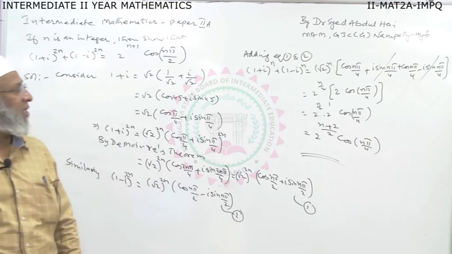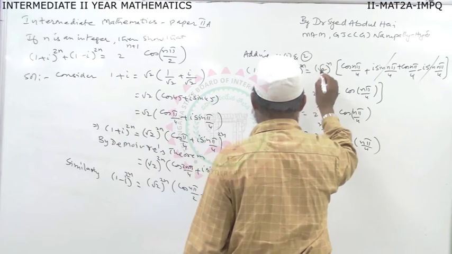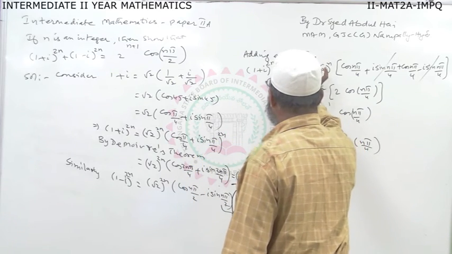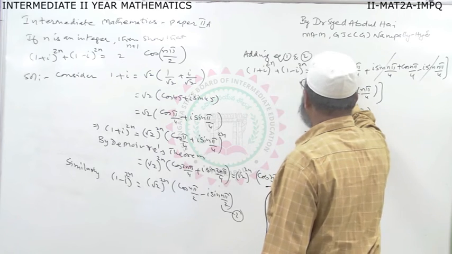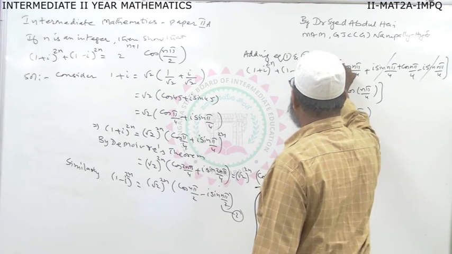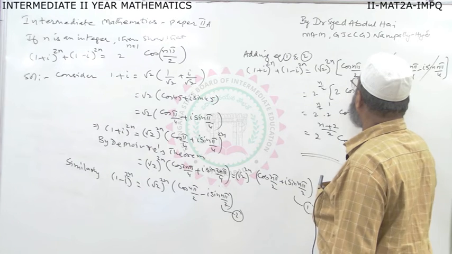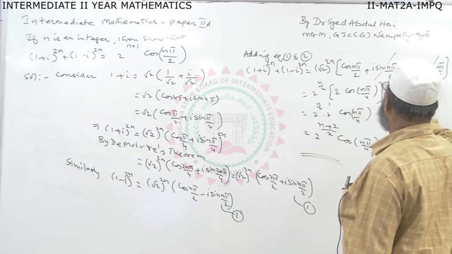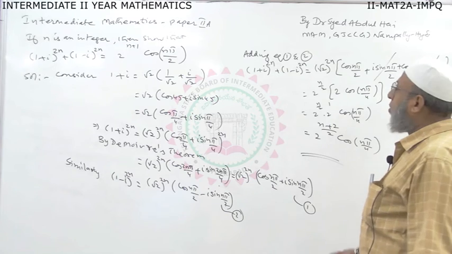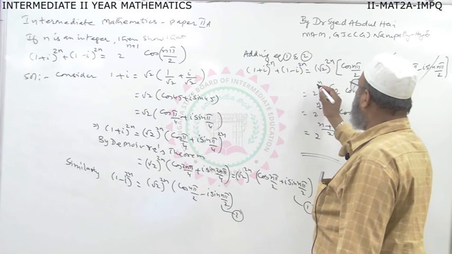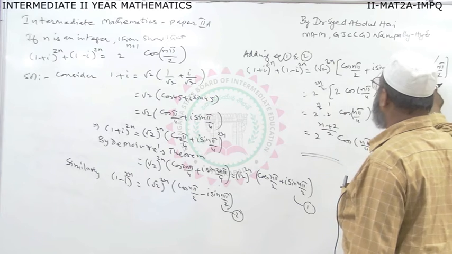Now, adding equation 1 and 2, what I am getting is (1 plus i) power of 2n plus (1 minus i) power of 2n is equal to root 2 power of 2n. So, this is common, into cos n pi by 2. This is also sin n pi by 2, this is also n pi by 2, this is also pi by 2. So, this is 2n by 2 and these two terms will cancel each other.